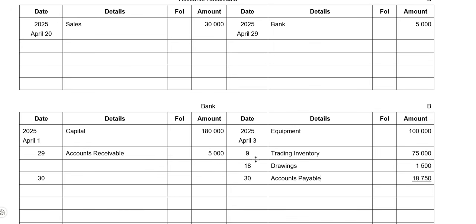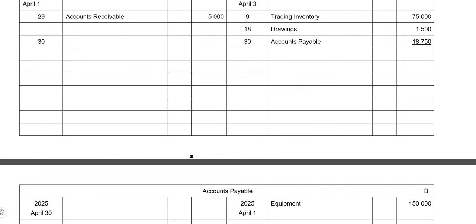I'll show you why. Because we paid money to our creditors, because we owed 150,000 still on this equipment, but we're paying 18,750. This is in our bank account, decrease in assets. The rule says credit, and it is on the credit side, the right hand side.